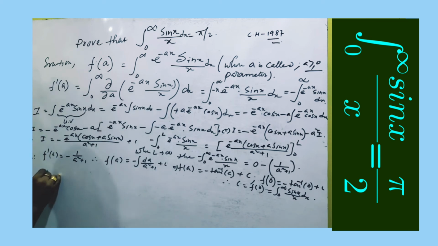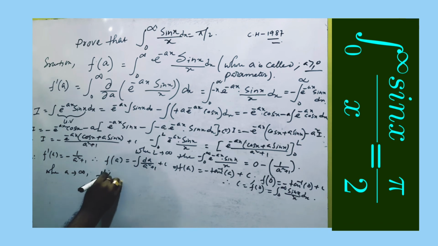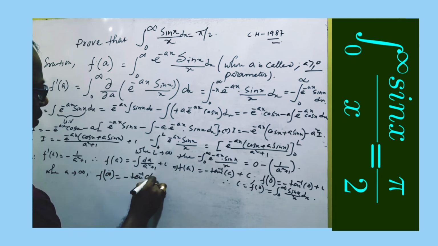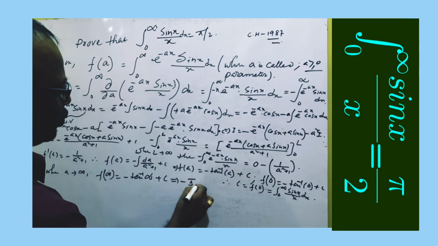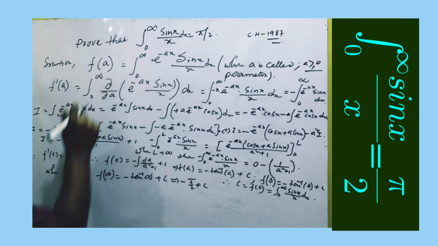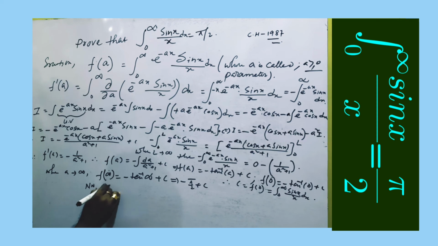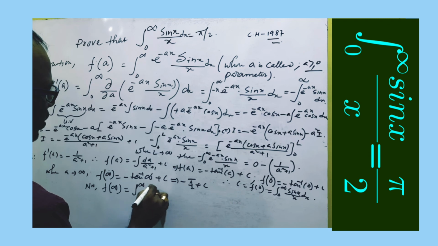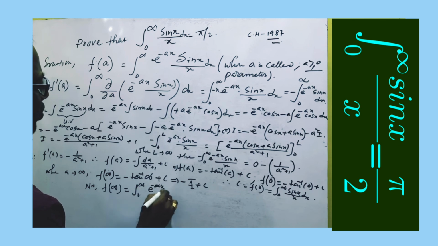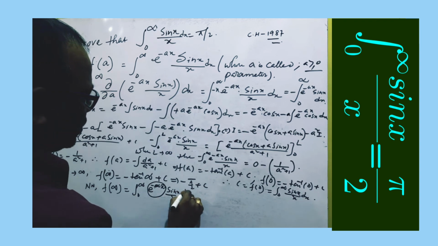When a tends to infinity, then f of infinity is equal to minus tan inverse infinity plus c, and that would be minus pi by 2 plus c. But here f of infinity is integral 0 to infinity of e to the power minus ax sin x by x, where a is a big large number, so this value is actually 0.